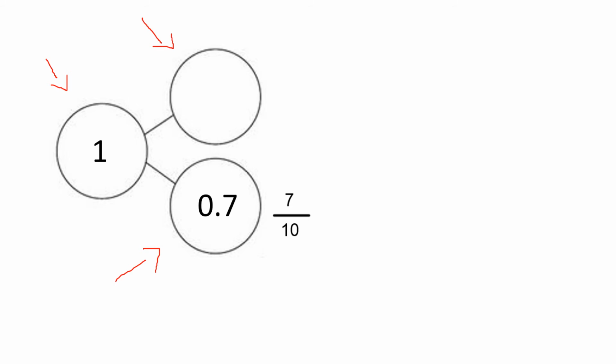So think 7/10 plus what would equal 10/10. So it would be 7/10 plus 3/10 would equal 10/10, which would equal a whole.